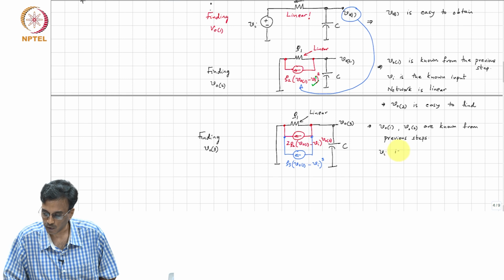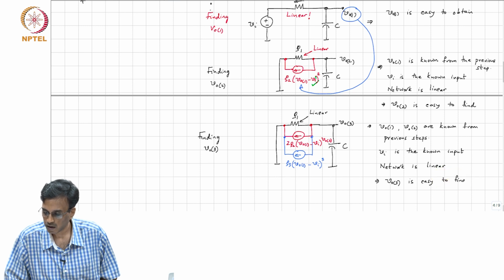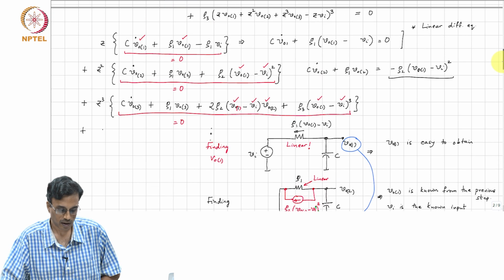Vi is the known input, and the network is linear. So, therefore, VO3 is easy to find, right. So, like this you can go on.